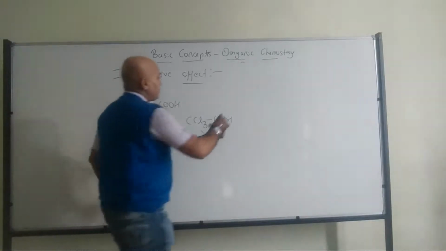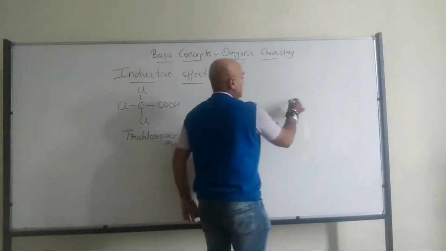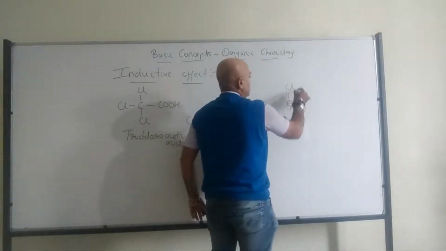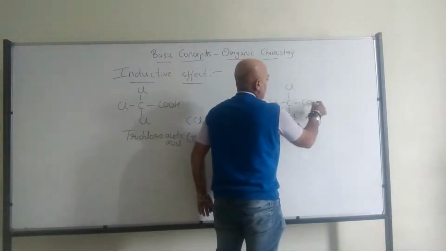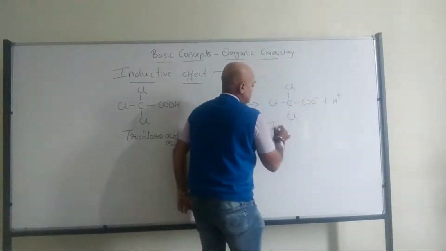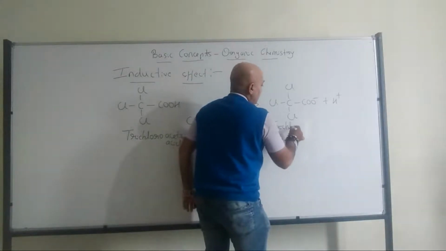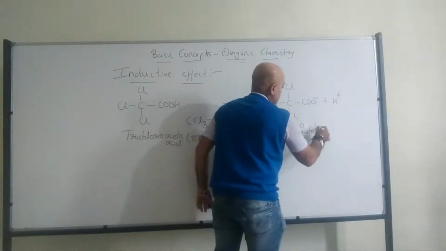Now this trichloroacetic acid will be dissociated as CCl3COO minus and H plus. So that means trichloroacetate.